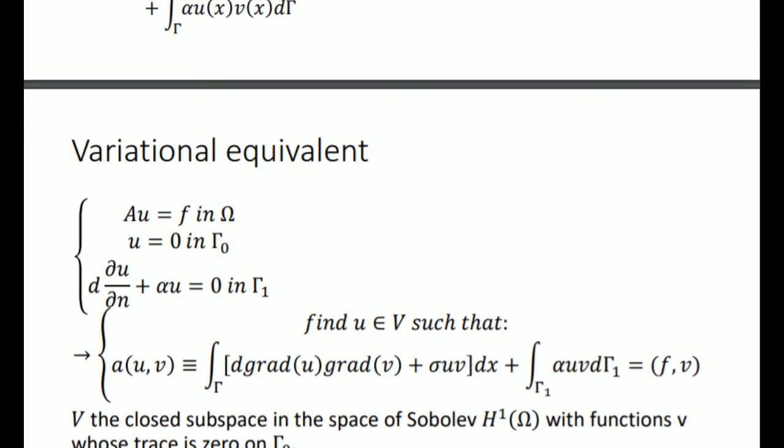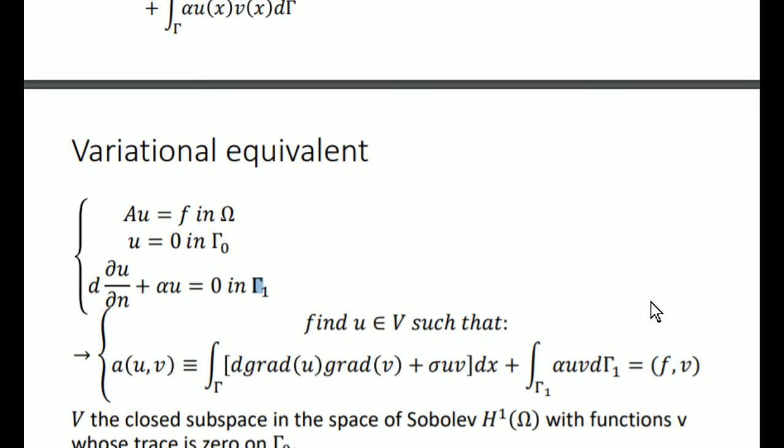And this is equivalent to finding U in the space of V, such that this. And here we have a term in which we have two parts, and actually only the parts in gamma 1 matter.